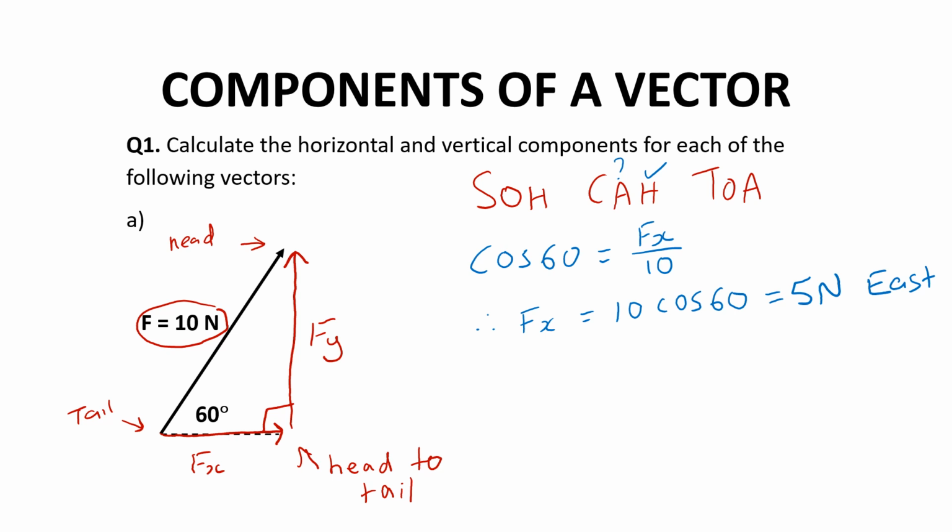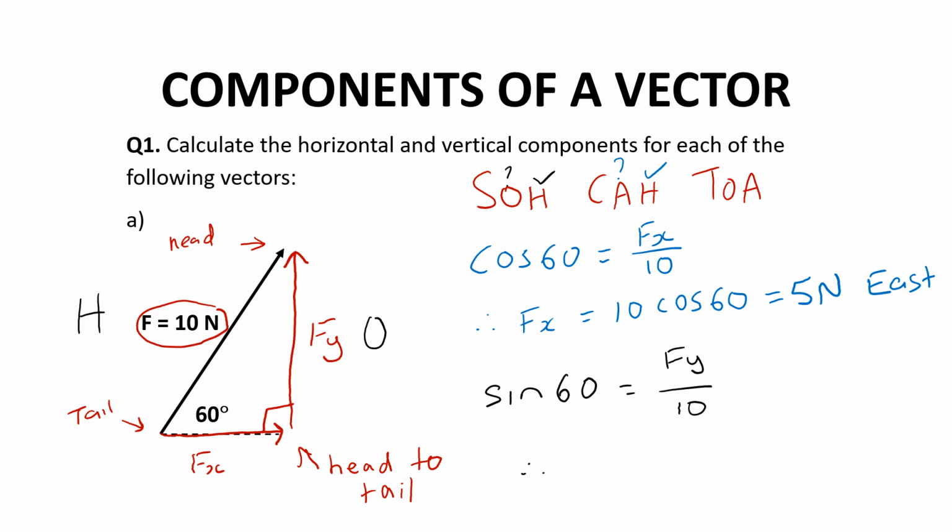Now let's find the value of Fy. We know the hypotenuse and we want to find the opposite side. So we have H and we want to find O, and therefore we will use the sine ratio. Sine 60 equals opposite, which is Fy, over hypotenuse, which is 10.